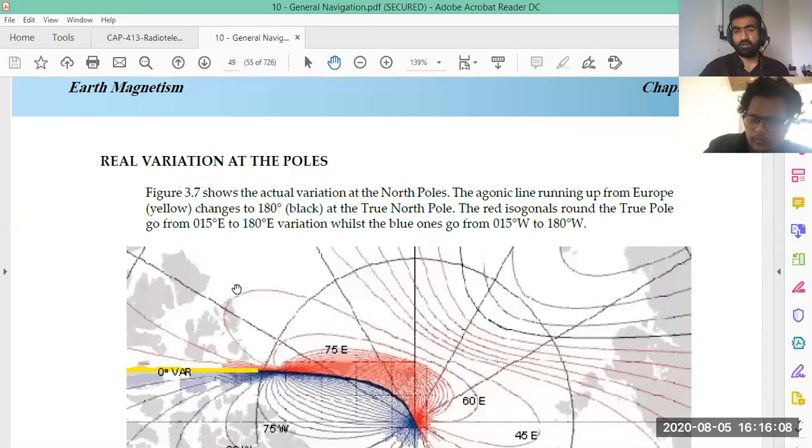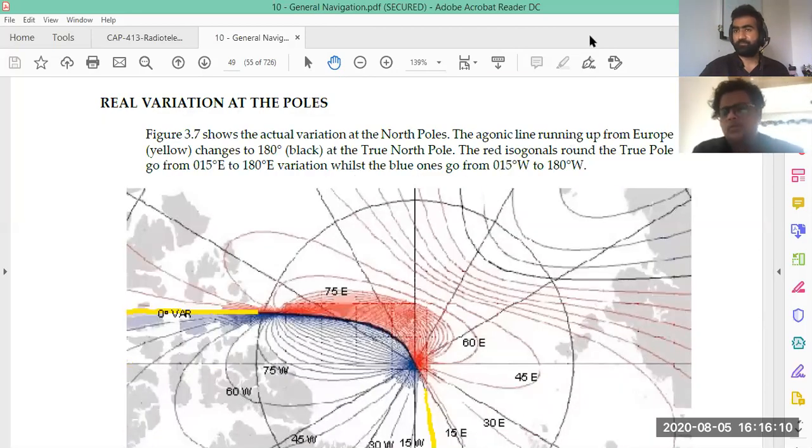So let's solve sums. I'll just show you how isogonals look on a chart.